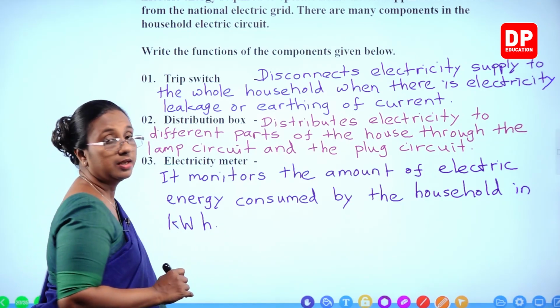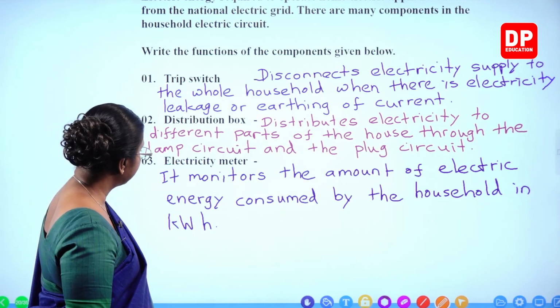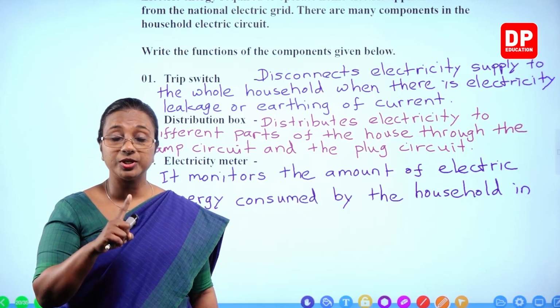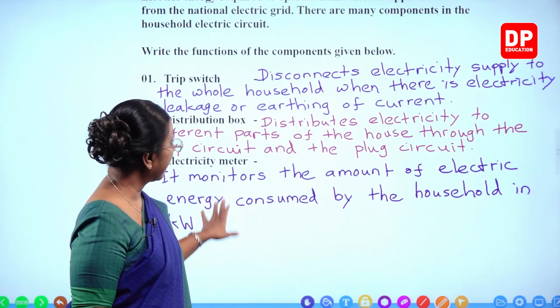You know the commercial unit as well. Electricity meter monitors the amount of electric energy consumed by the household in kilowatt hours. 1 kilowatt hour is equal to 1 commercial unit. I'm sure you all can remember that.